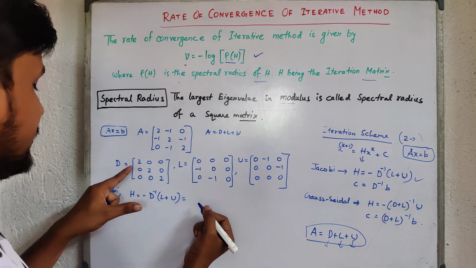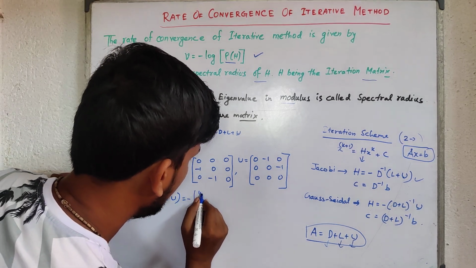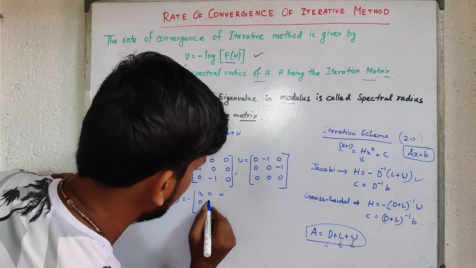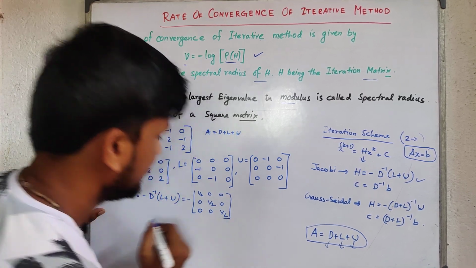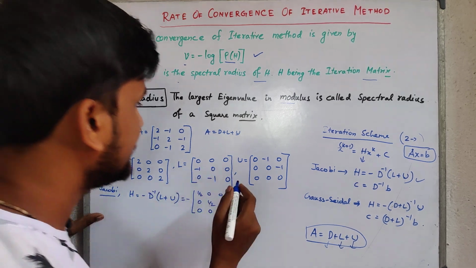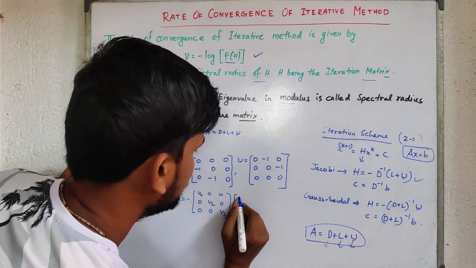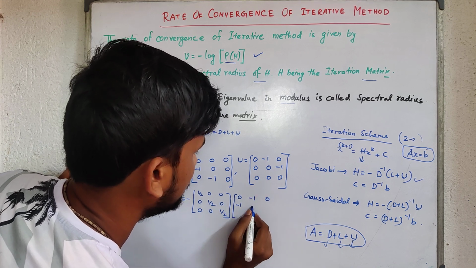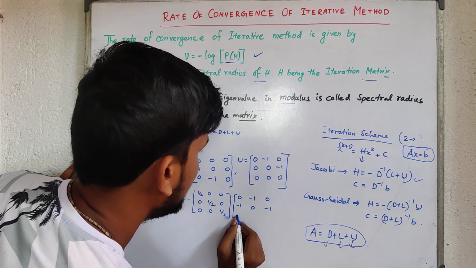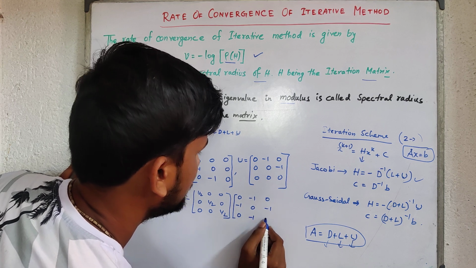Now what is the D inverse? This is a simple diagonal matrix. So -D inverse means 1/2 0 0, 0 1/2 0, 0 0 1/2. This is the matrix D, and L plus U means the sum of these two matrices, so this multiplied by 0 -1 0, -1 0 -1, and then again 0 -1 0.